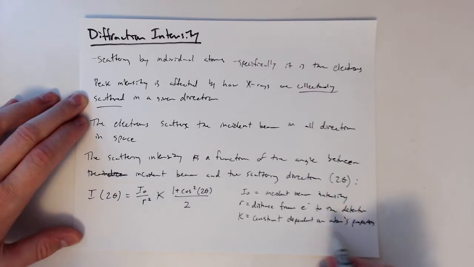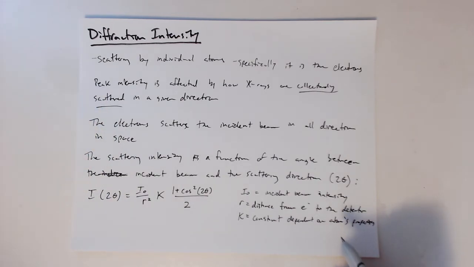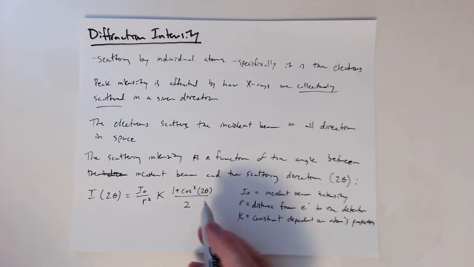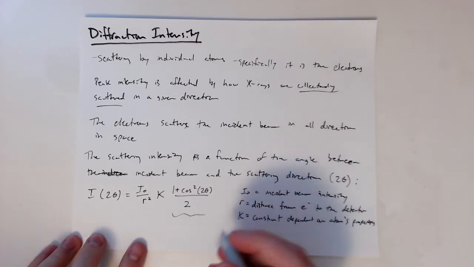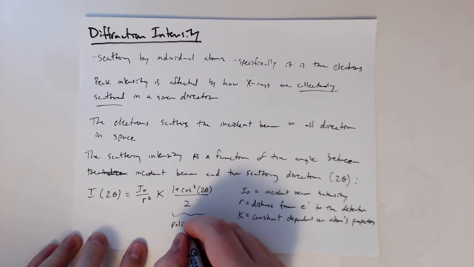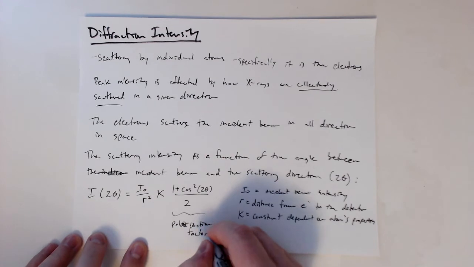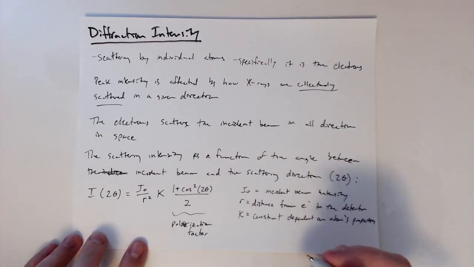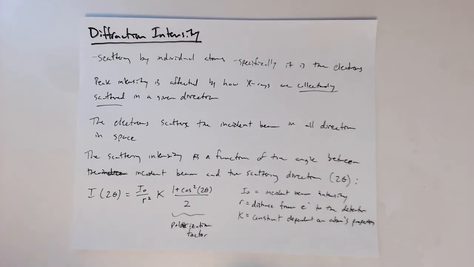So basically, this is an atomic constant, K. And the last term here, this function of the angle, we call the polarization factor. So this gives us the angular effect of intensity.